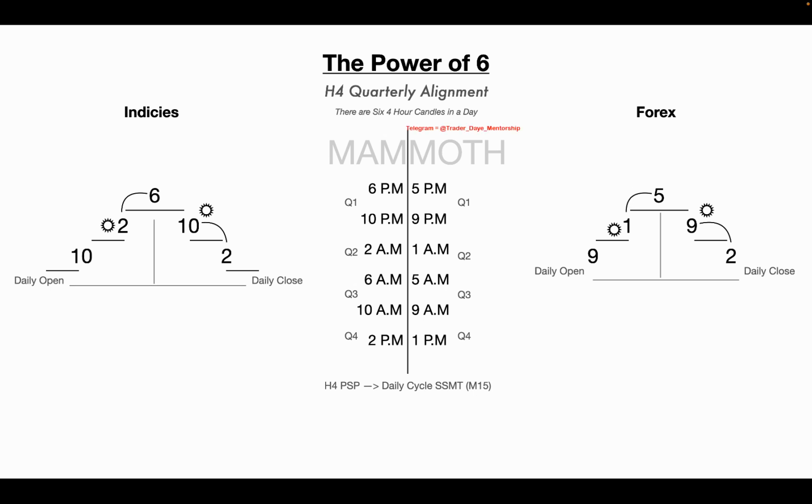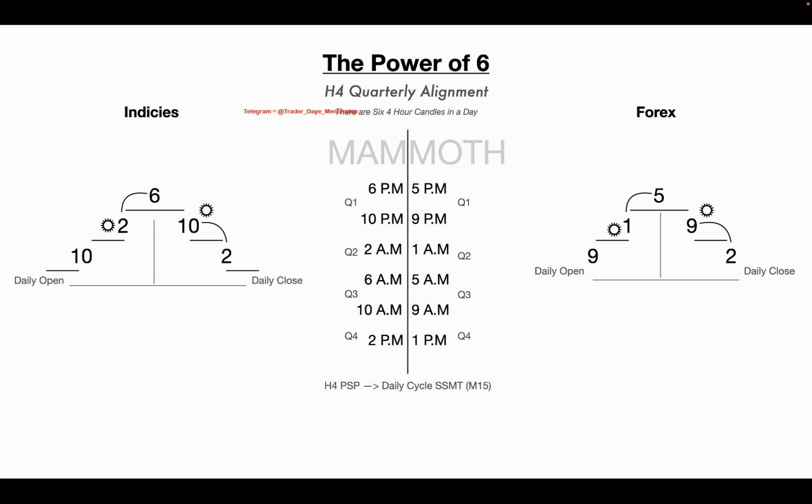So the 5 a.m. will look back on the 1 a.m. as long as you disregard the first hour of trading in that 4-hour candle. And the 2 p.m. candle will look back on the 9 a.m. candle. So go back in your charts, look for this, study it.